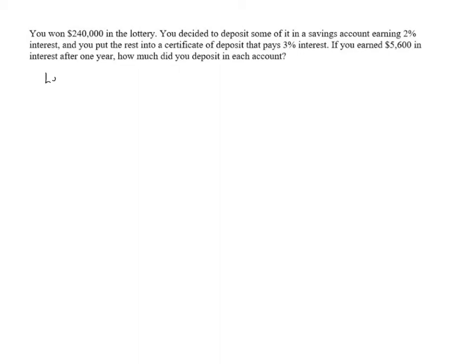So let's let the amount invested in savings be x, and then let's let the amount invested in a CD, CD stands for certificate of deposit, let's let that be y.